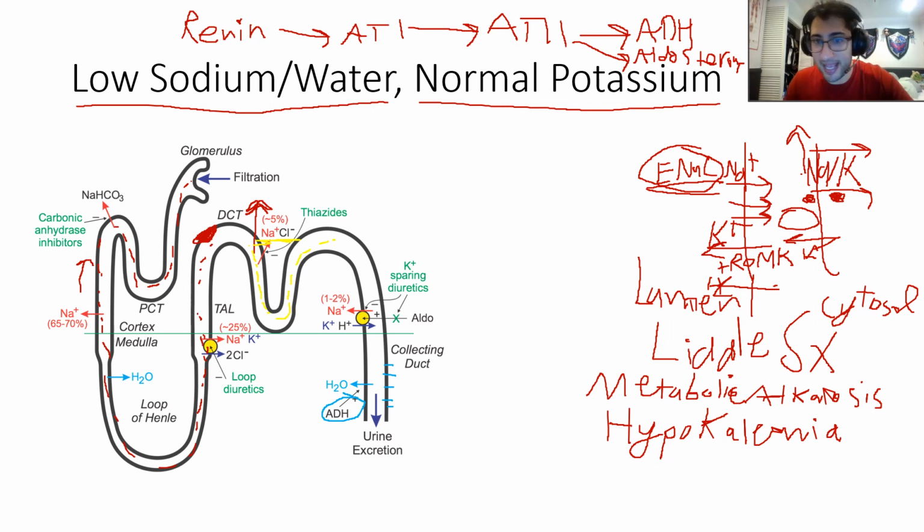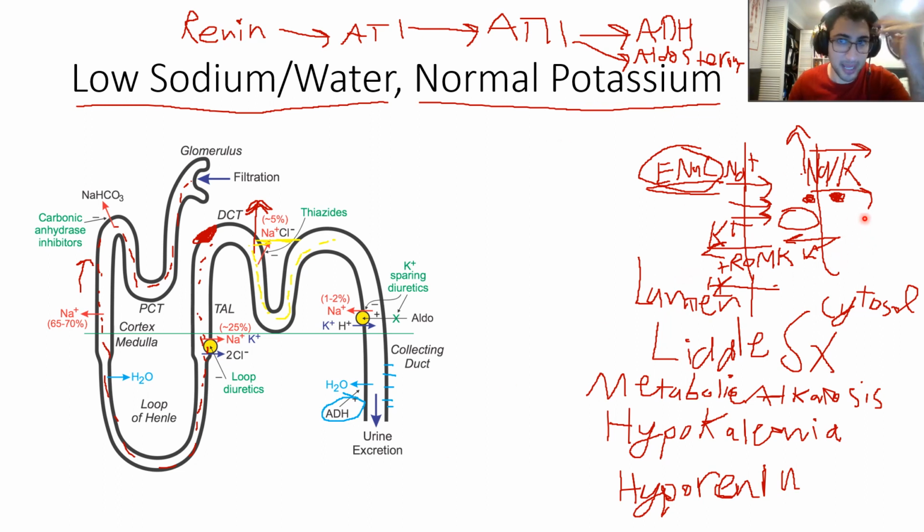All right. And it's also going to cause low renin. So it'll be hyporeninemia. Why? Because when you reabsorb this salt from the lumen, where it was supposed to be urinated, into the cytosol, that means it's coming back to the plasma.